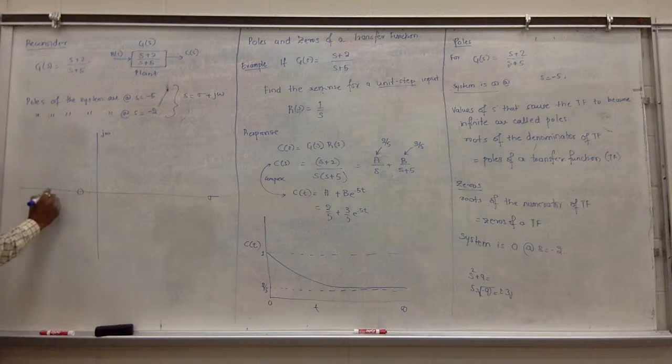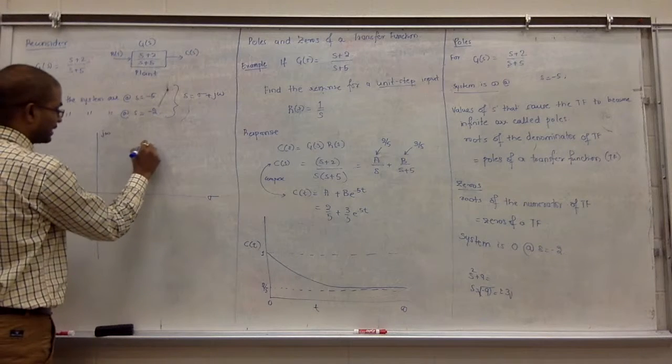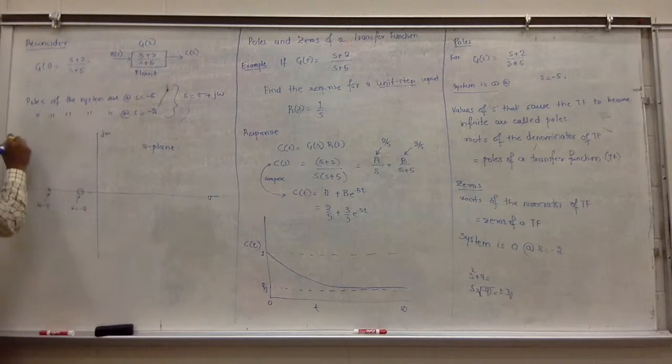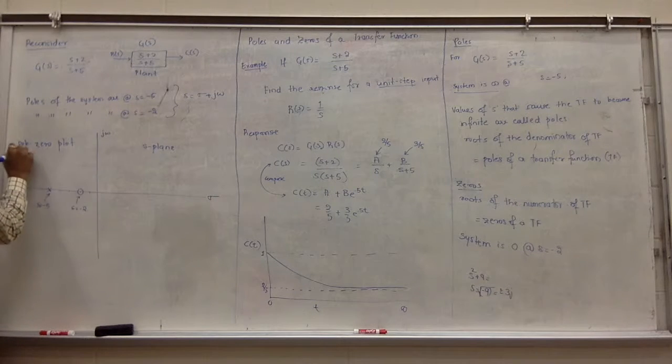So here, s is equal to negative 5. This is how you plot. This is called the s plane. This plot is called the pole-zero plot. Very simple, nothing complicated.